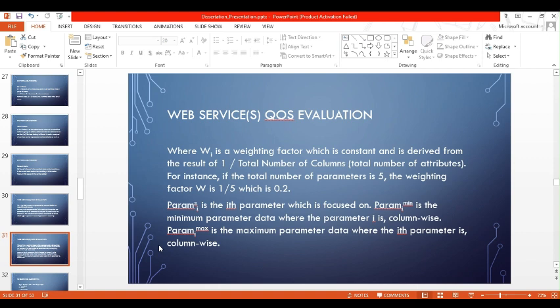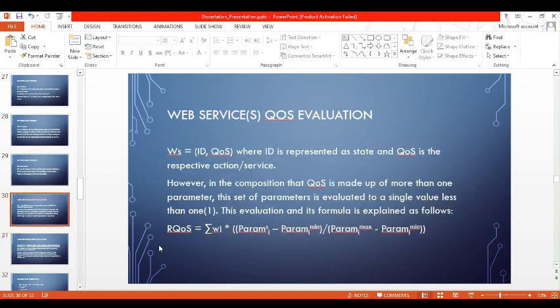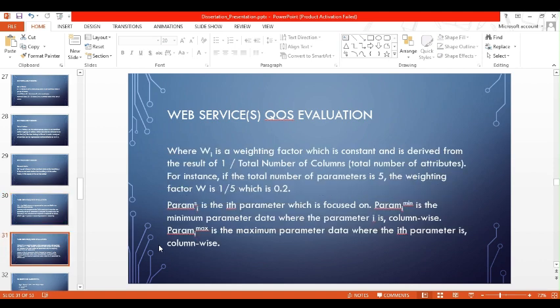To get this weighting factor, we take one over the total number of QoS parameters, which is the total number of columns. Which means that summing up the total value of this evaluation here will give us a total of one or less than one.